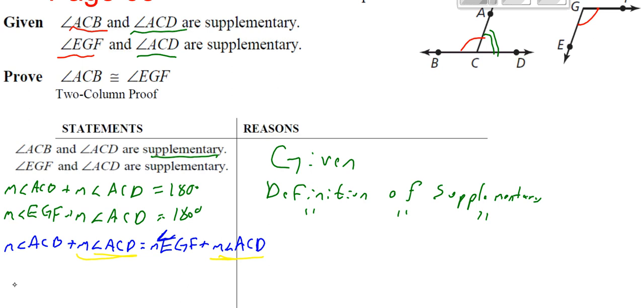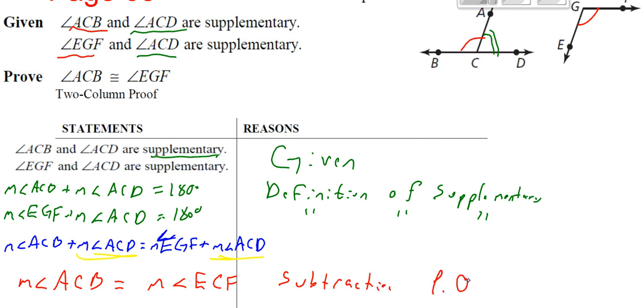Then we have the measure of angle ACB is equal to the measure of angle EGF, and that is our subtraction property of equality.